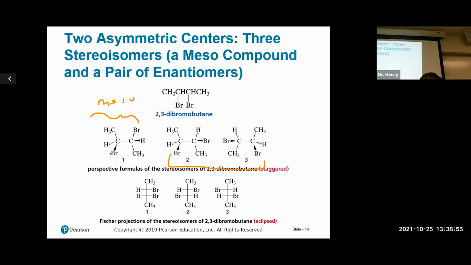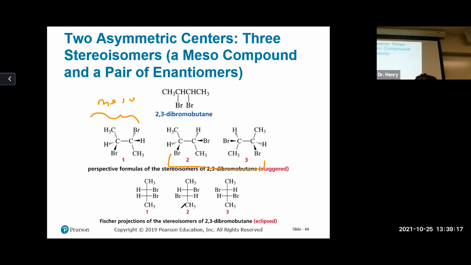So this is trans. There should be one going in front and one going back. So these guys are trans to each other. These guys should be trans to each other. Does that make sense?